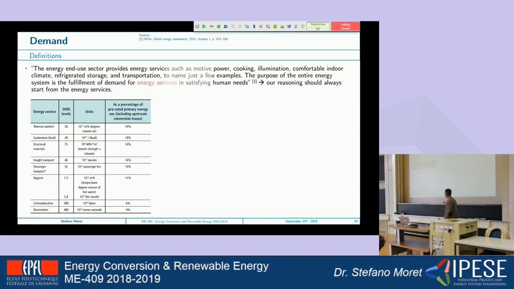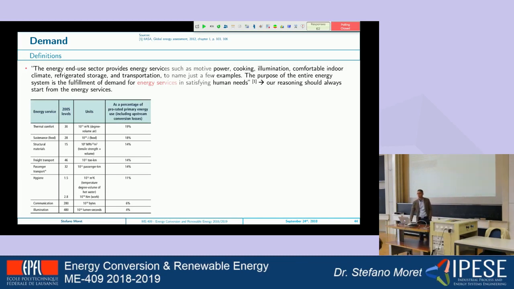Well, for example, we need food, so we need heat for cooking. We need transport of freight, which is usually expressed in ton per kilometer. We need transport of passengers, mobility, which is expressed in passenger per kilometer. So these are the things we need in an energy system.